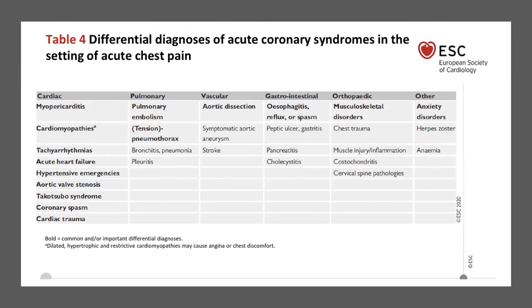Or it could be orthopedic, such as musculoskeletal causes and chest trauma, and other psychological causes such as anxiety, anemia, and herpes zoster. So just always have an idea of the differentials that you need to be highly alert for once the patient presents with chest pain.